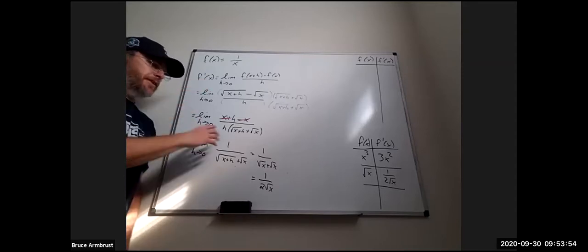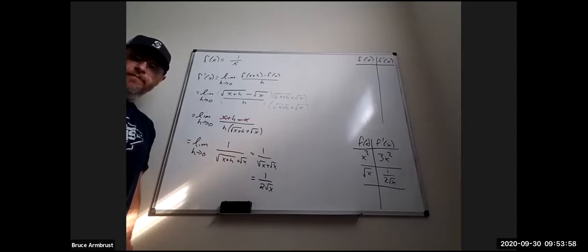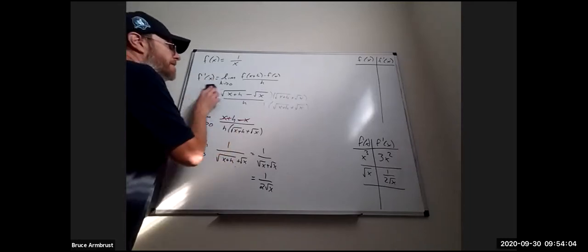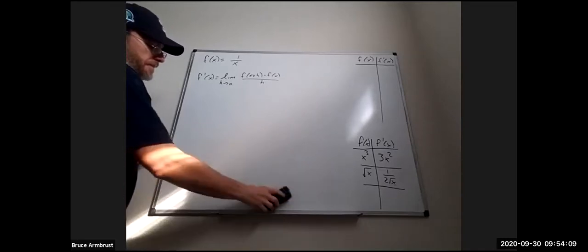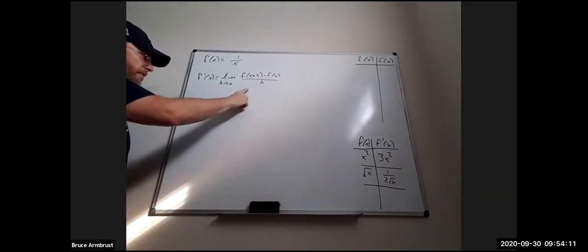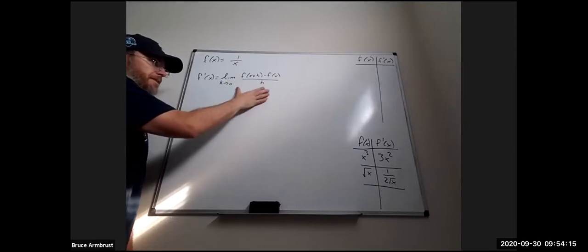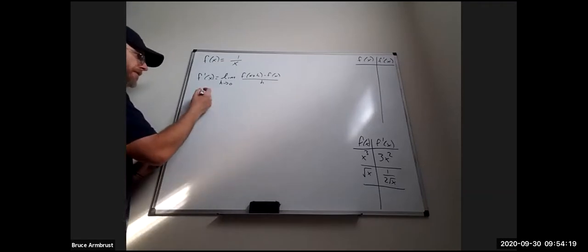But before I dive in there, any questions on this one? You kind of on it? All right, so let's try 1 over x. So I'm going to use the same definition for f prime. Right? This doesn't change. The only thing that changes is the function that we're plugging it into.